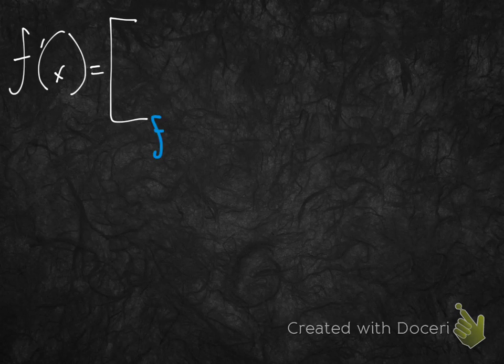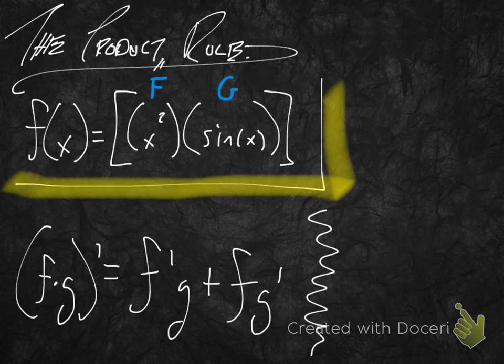Let's set this up. We have f prime times g. So we'll say that f prime of x is equal to, and let's go ahead and write that.